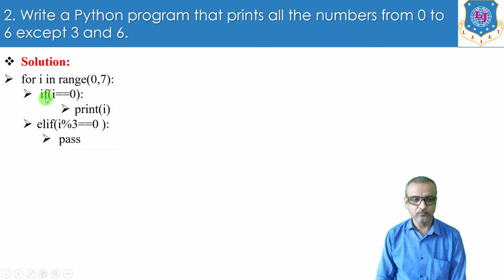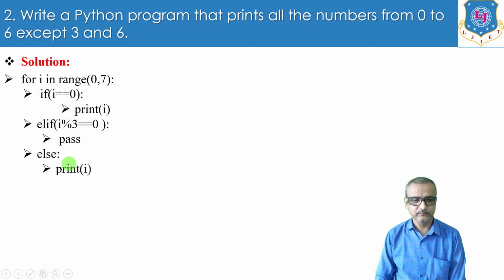But for i equals 0, we are printing the value of i, that is 0. So this statement will be executed only for i equals 3 and i equals 6. Whenever the value of i becomes 3 or 6, it won't do anything.